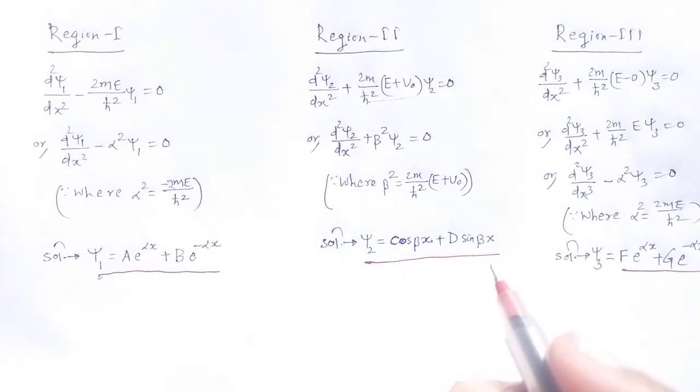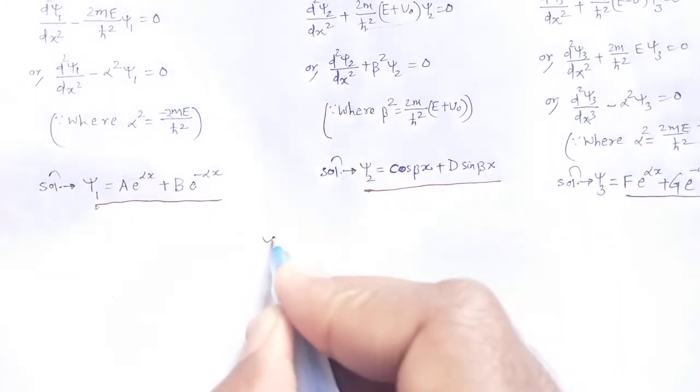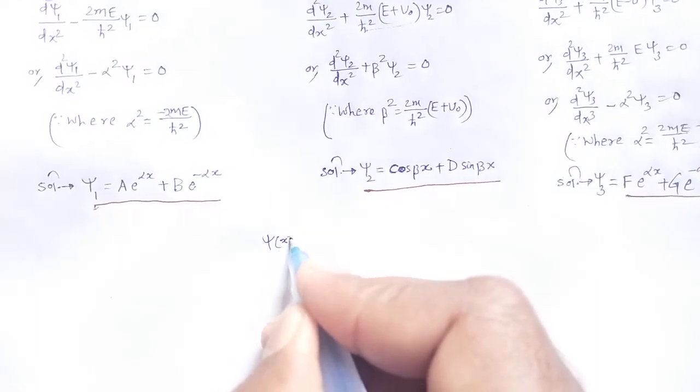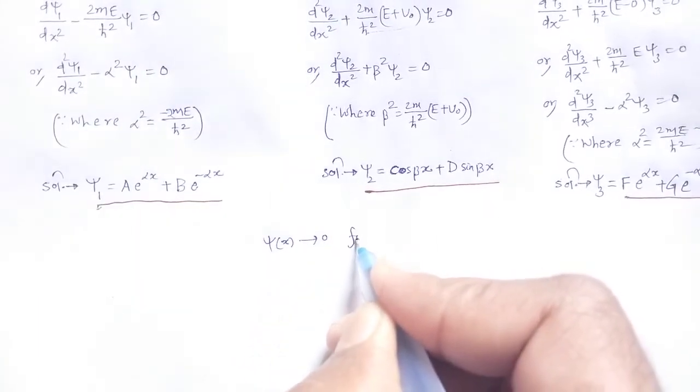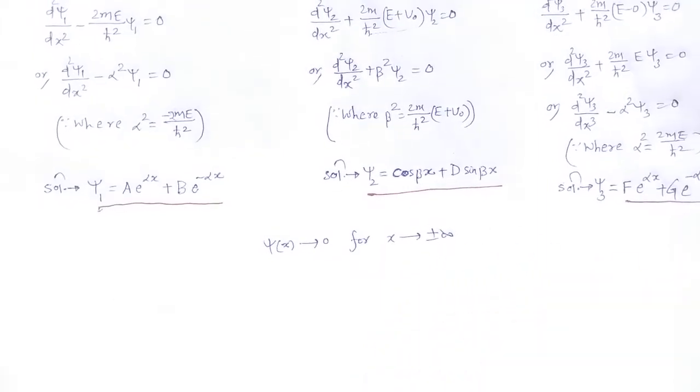Look at these three solutions. For a well behaved wave function, psi x tends to 0 for x tends to plus or minus infinity.